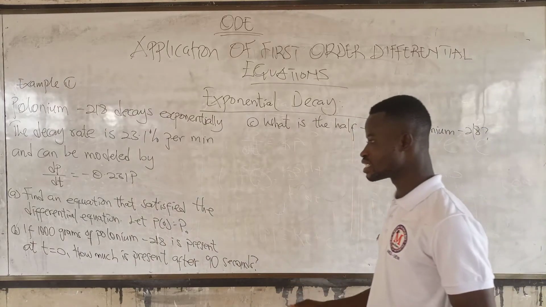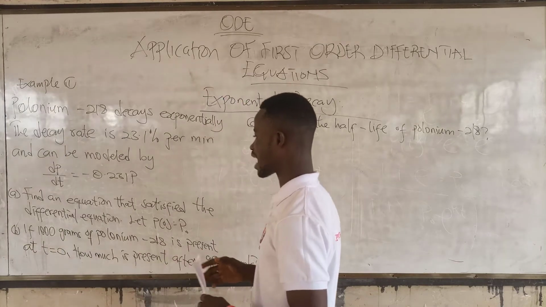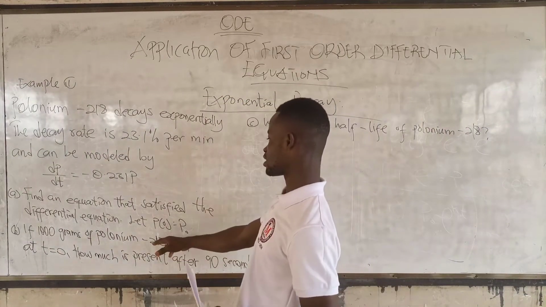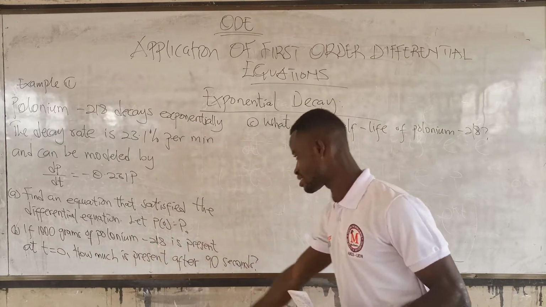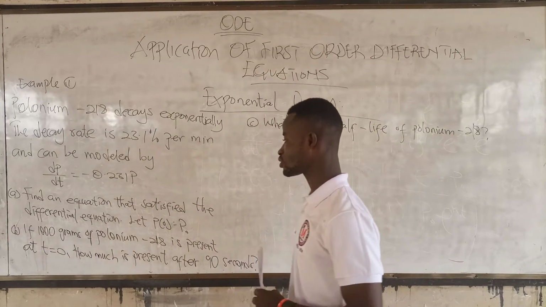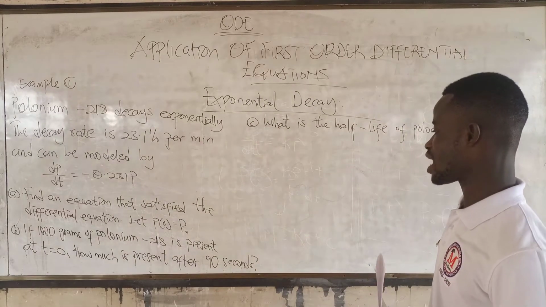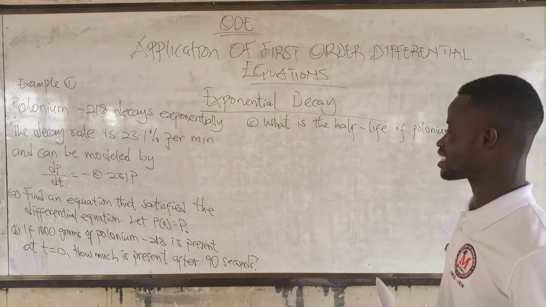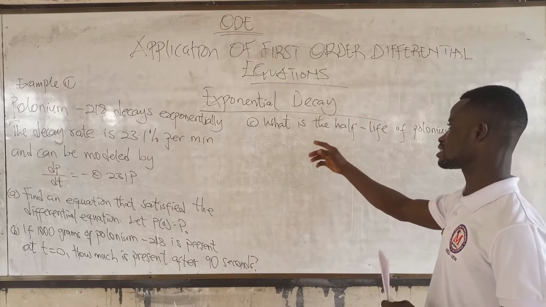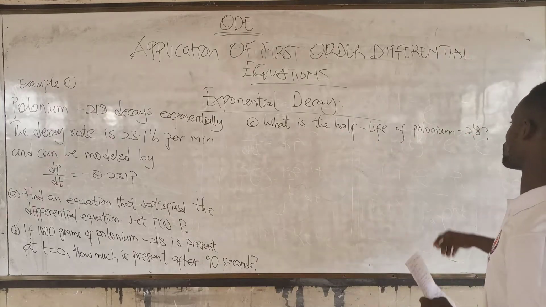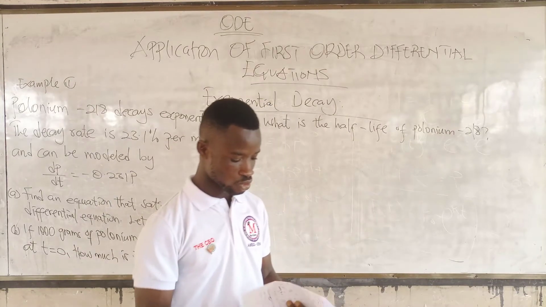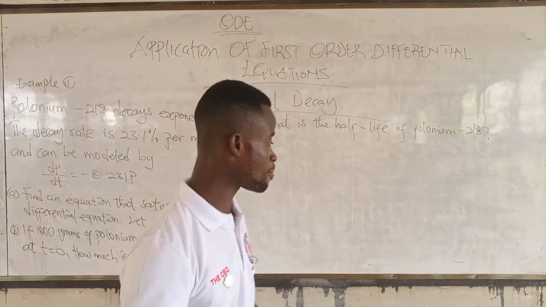B. If 1,000 grams of polonium-218 is present at t equal to 0, how much is present after 90 seconds? C. What is the half-life of polonium-218? So let's look at how to go about it.